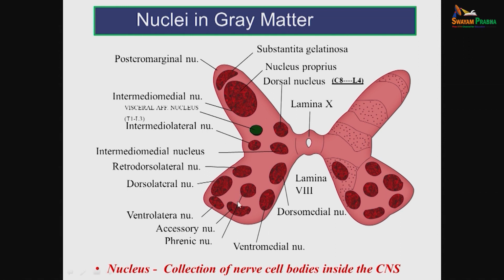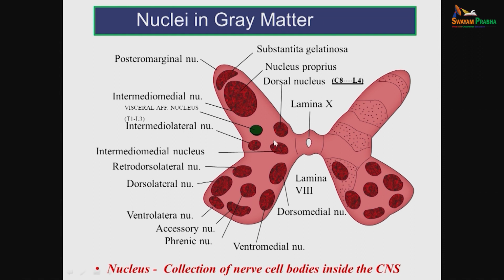These neuronal somata or nerve cell bodies are collected and form what is called a nucleus. Please understand that a nucleus is a collection of nerve cell bodies inside the central nervous system. This is very important.